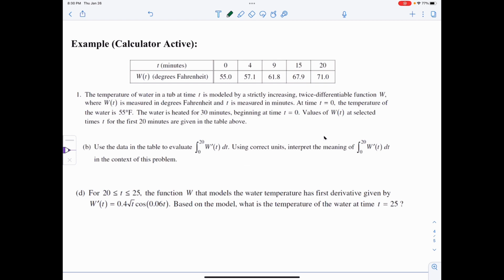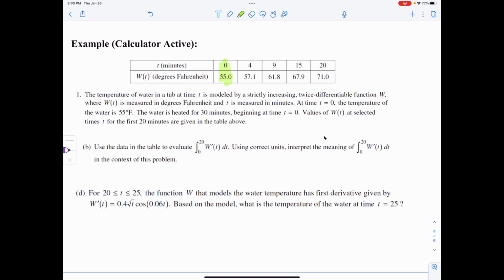It says the temperature of water in a tub at time t is modeled by a strictly increasing twice differentiable function W, where W of t is measured in degrees Fahrenheit and t is measured in minutes. At time t equals 0, the temperature of the water is 55 degrees Fahrenheit. And that's reflected in the table.